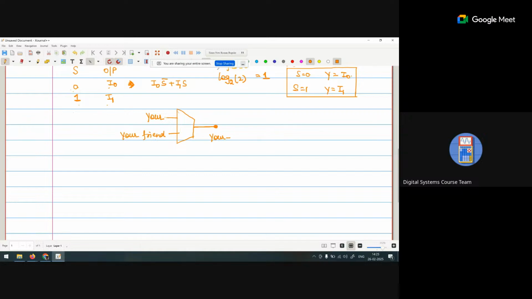Your data will mix with your friend's data, and due to the mixing you get incorrect data. So what you have to do is use one selection. Now on the basis of the selection, you get a single data at a time.